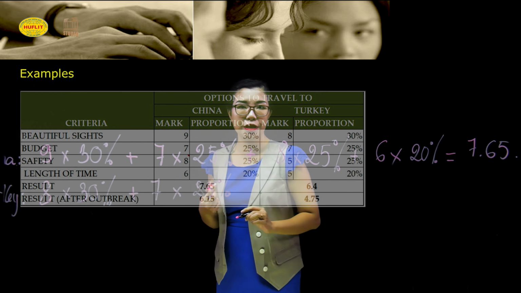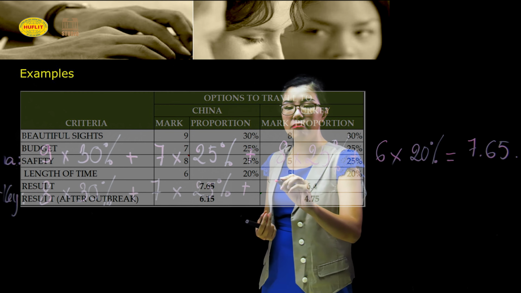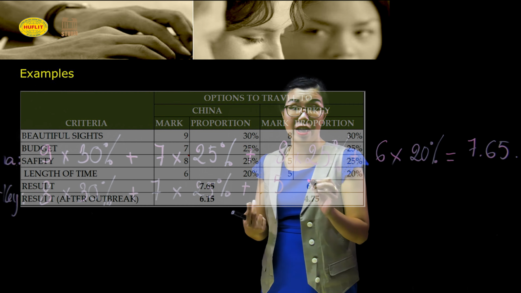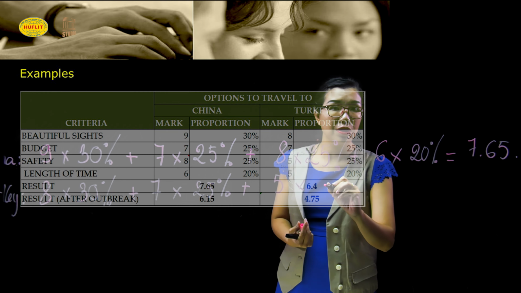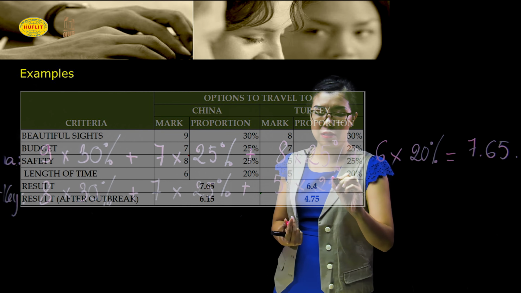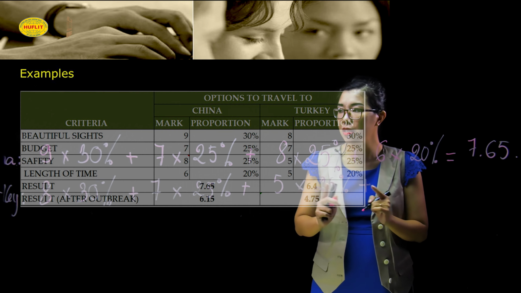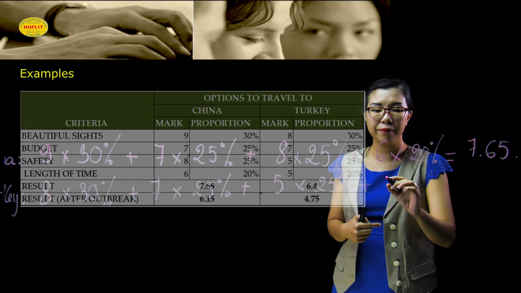All right, and continue with the safety. So for Turkey, the safety mark is just fine compared to China, before the virus, okay, before the coronavirus. So we times it with 25%. And with the length of time, it seems like Turkey is further compared to China, to Vietnam.